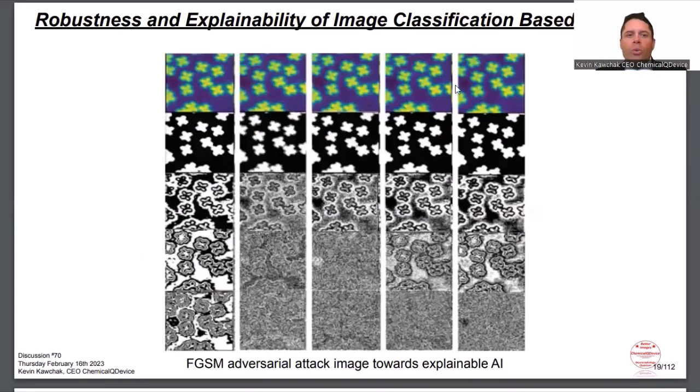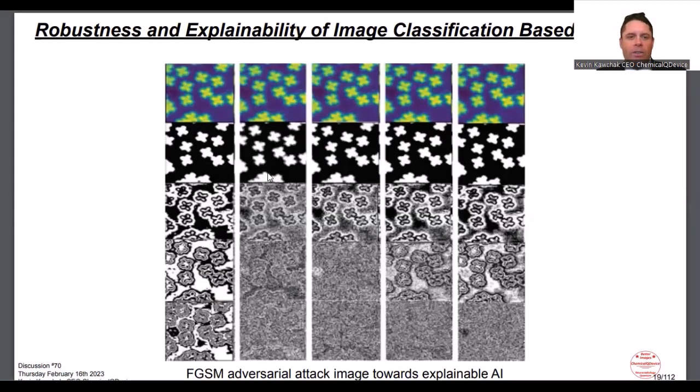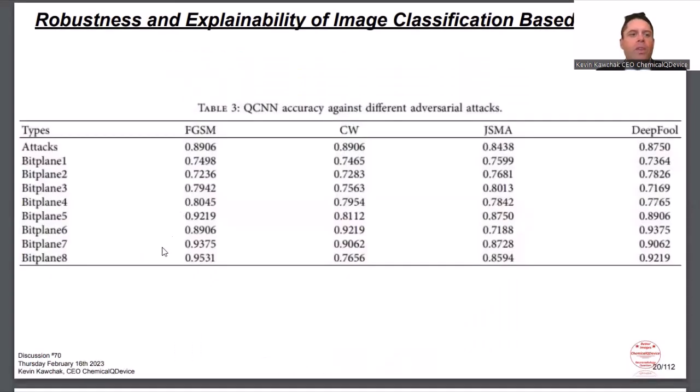And this goes to show, the ones on the top are all the same image, and they're different adversarial attacks. And you see the results are different, and they're using it once again for explainability. This whole explainable AI is a huge thing, as it starts to go more into medicine too.